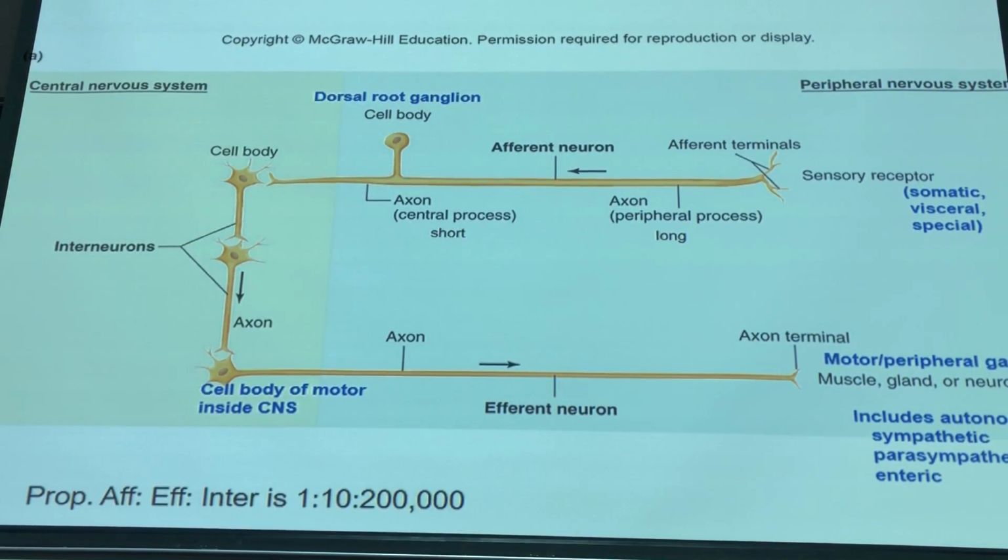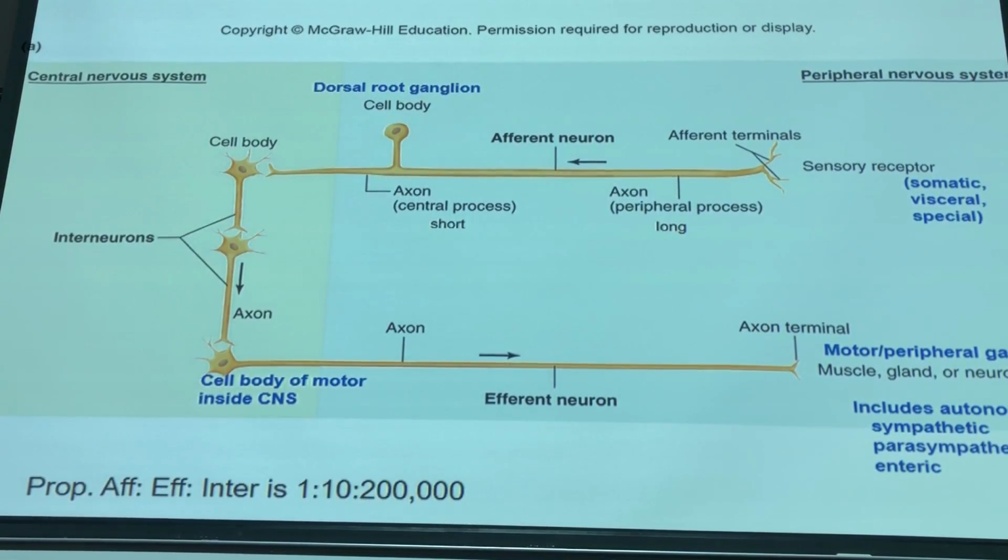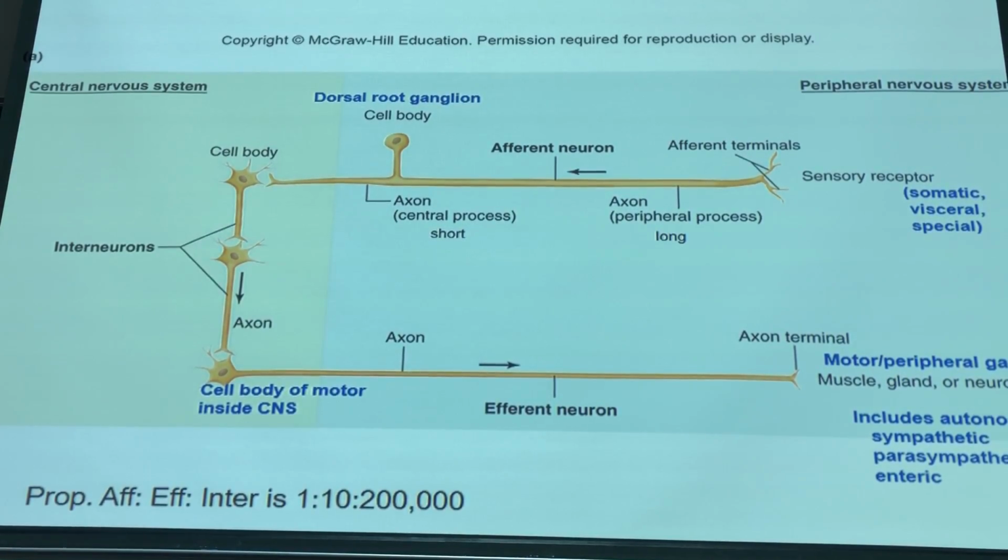We'll get a little bit more into sympathetic and parasympathetic when we do cardiovascular. But basically, these are both autonomic, but they tend to operate in opposition to each other. And when you have two systems that operate in opposition to each other, you get some fine-tuning, okay? Enteric suggests that's the part of your autonomic nervous system that innervates the gut.